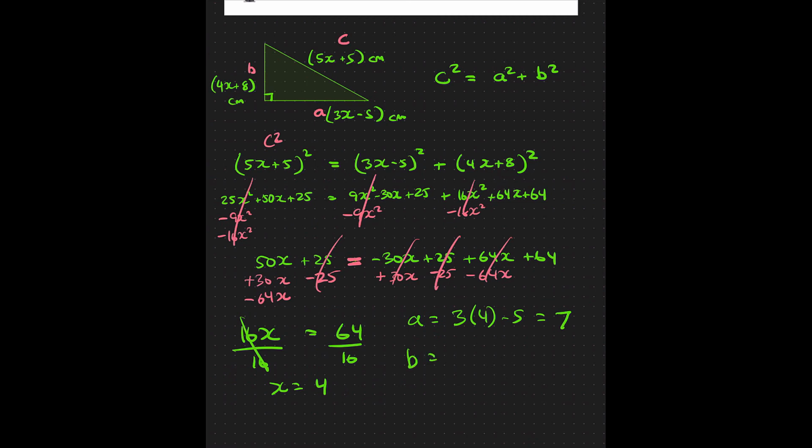For side B, it's going to be 4 times x, which was 4, plus 8. 4 times 4 is 16, plus 8 is 24. And for side C, we've got 5 times x, which is 4, plus 5. And that's going to be 20 plus 5, that's going to equal 25. And those are the final dimensions.